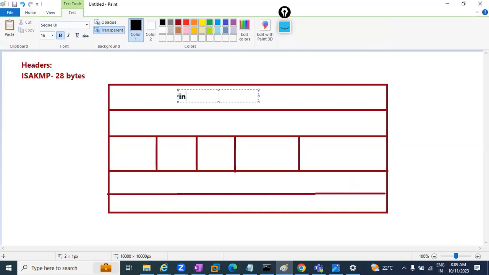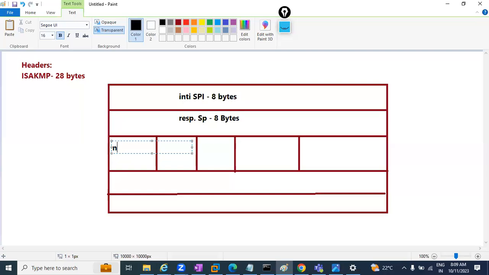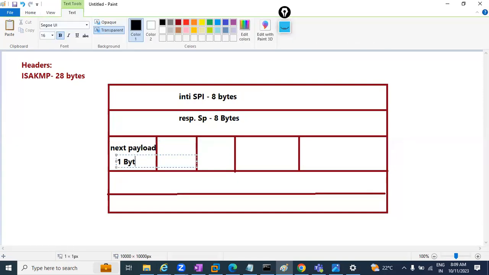This is the initiator SPI, and its size would be 8 bytes. This is the responder SPI, and its size would again be 8 bytes. This is the next payload, which is 1 octet, or you can say 1 byte.